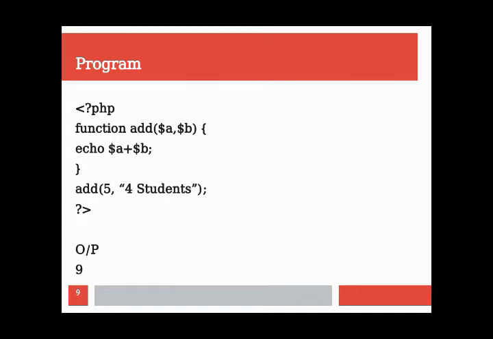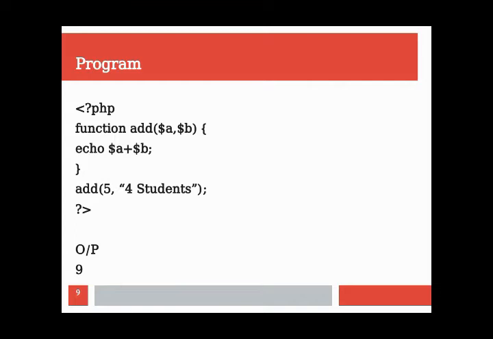Here is another example, function add, again with two parameters, that is $A, $B, left curly bracket, and again echo $A plus $B, and the end of the function. Here we call the function add, and the first argument for A is 5, then a comma. For the other argument B we pass the value within double quotes, 4 students.